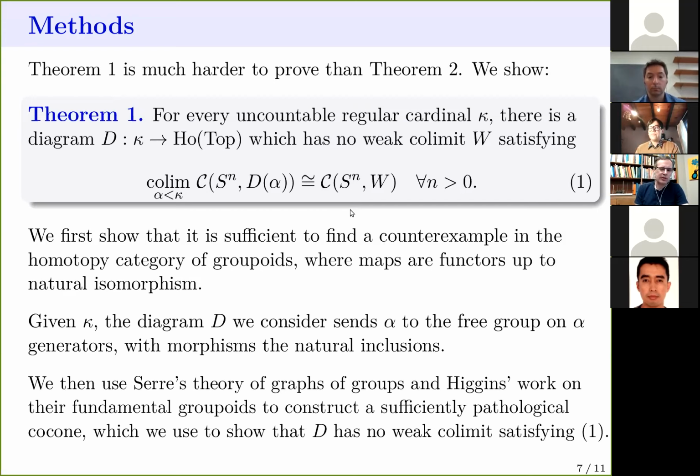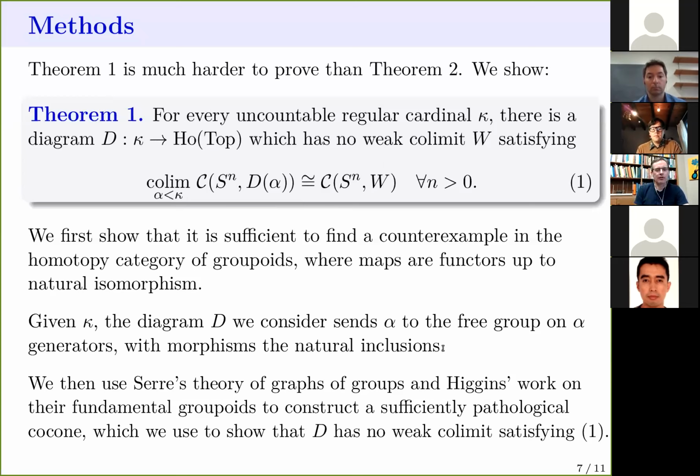For that, we basically have to solve some version of the word problem for groupoids that arise in this question. We have to construct a co-cone on that diagram that's sufficiently pathological that you can't possibly find a weak colimit that satisfies this and that factors our co-cone.